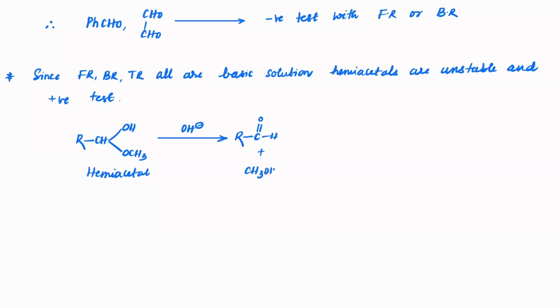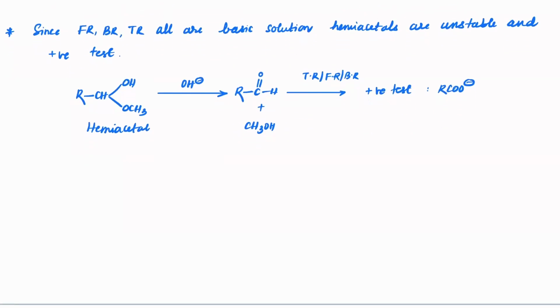So now it becomes an aldehyde and alcohol. In that case, if you take Tollens reagent or Fehling's reagent or Benedict reagent, they all will give positive test. Positive test as in it will convert into RCOO minus.